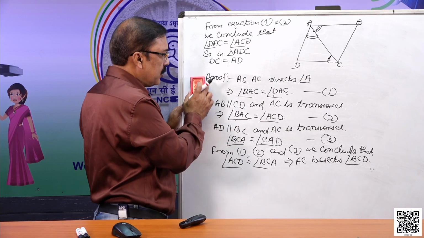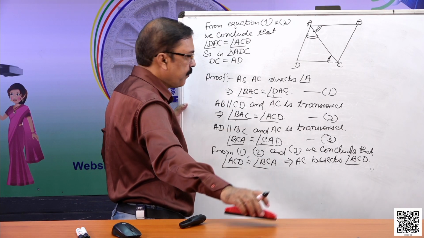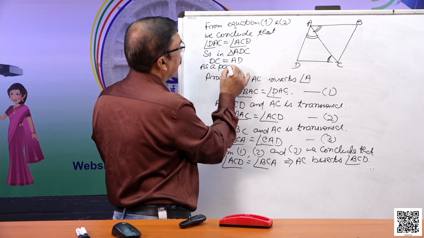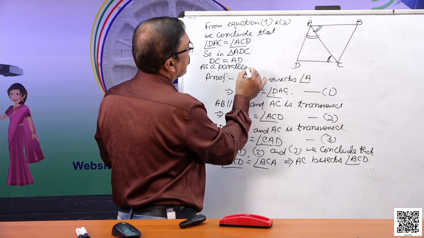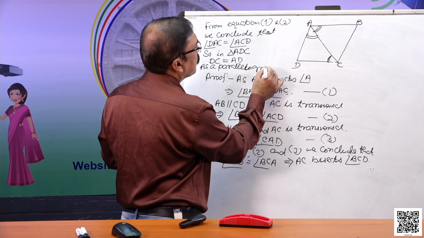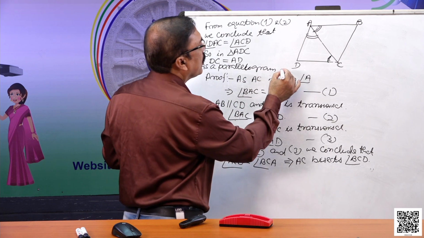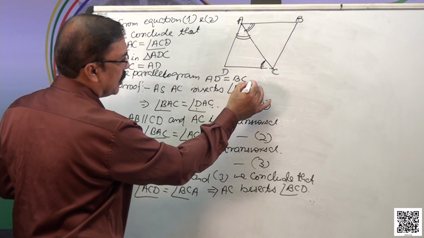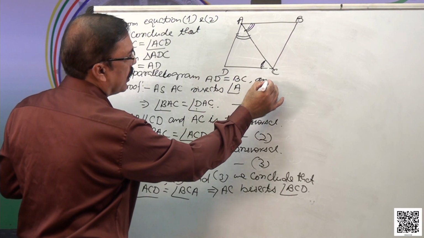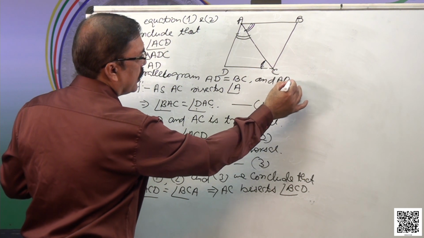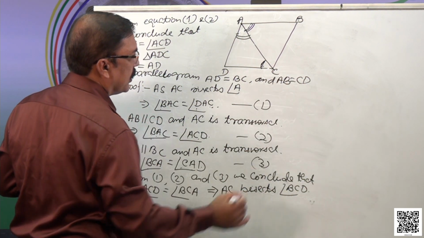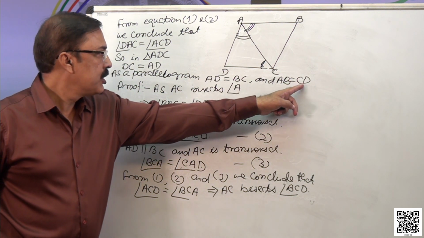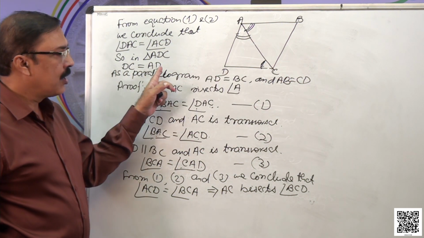As we know, this is a parallelogram, we have AD equal to BC and AB equal to CD. Now see, AD equal to BC, AB equal to CD and CD equal to AD.